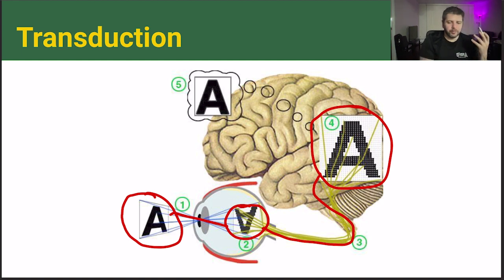But the idea is that light is being systematically converted into electrical activity, the electrochemical activity of neurons communicating, that then results in humans being able to perceive stimuli, or what's going on in the outside world.